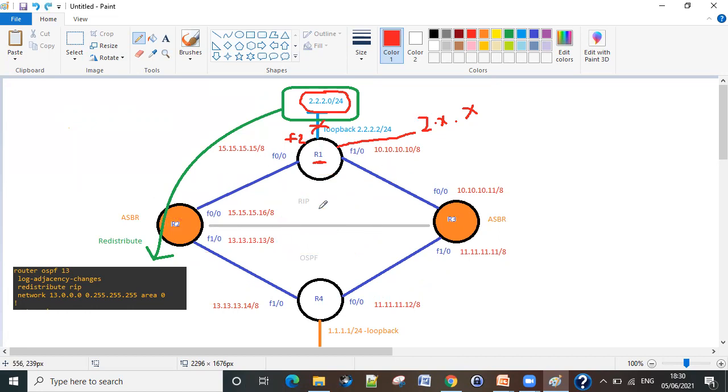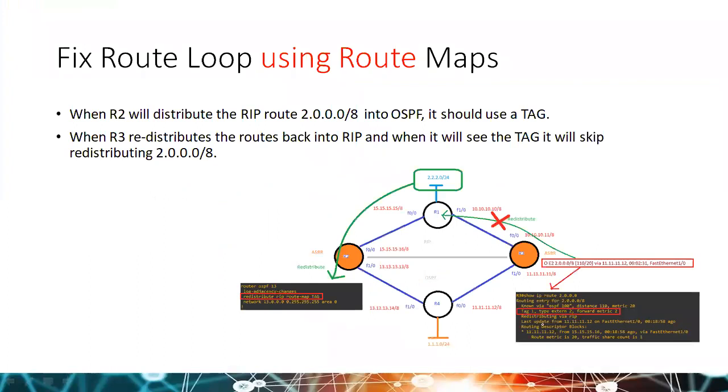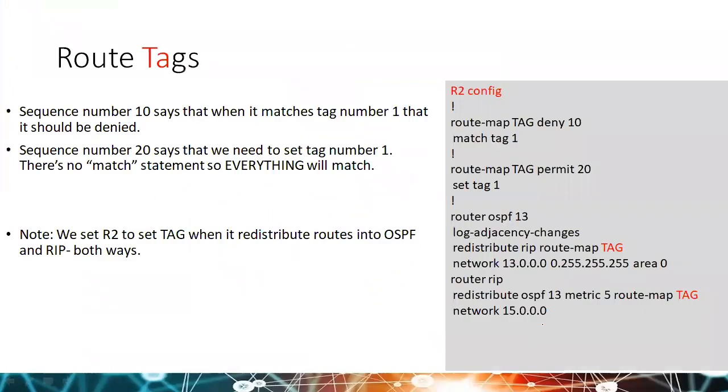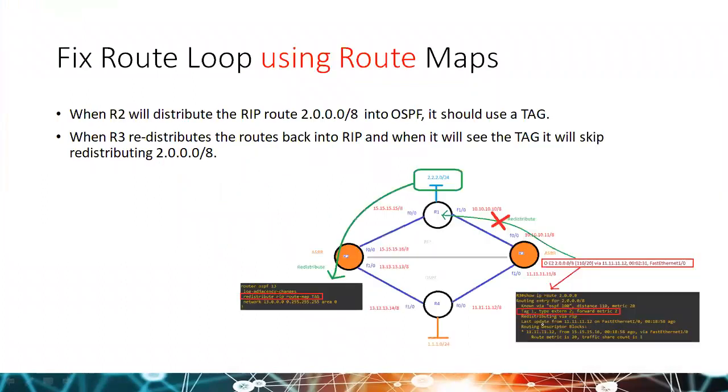This is very easy to fix, and I will explain how to do it. The easy way to fix it is via route tags. So let me quickly explain how route tags will be helpful in setting up this information.